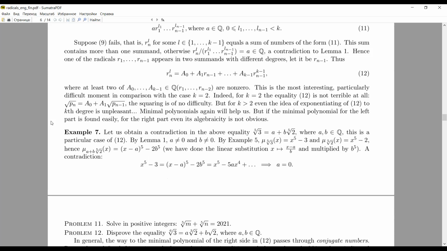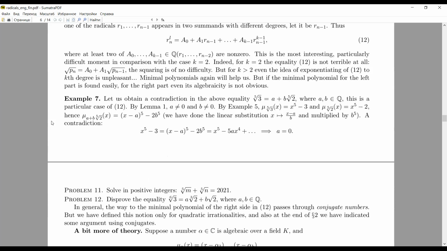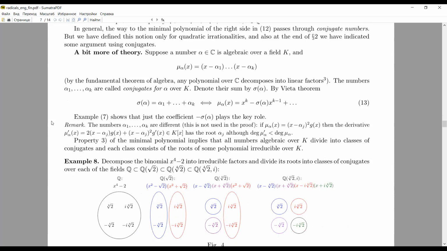I don't remember the number of this theorem in the project. Maybe 2.13. Okay, scroll down. So we defined conjugates of every algebraic number alpha over k. These are just all the roots of the minimal polynomial of alpha, and we denote by sigma of alpha some of them.